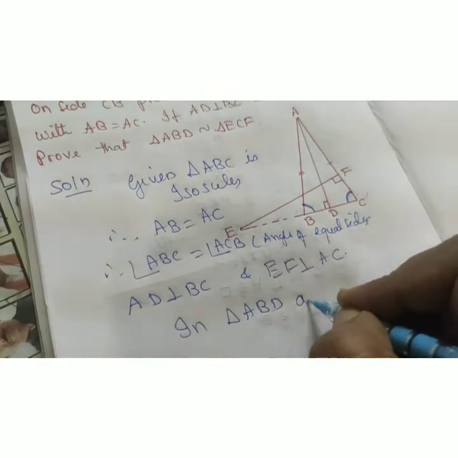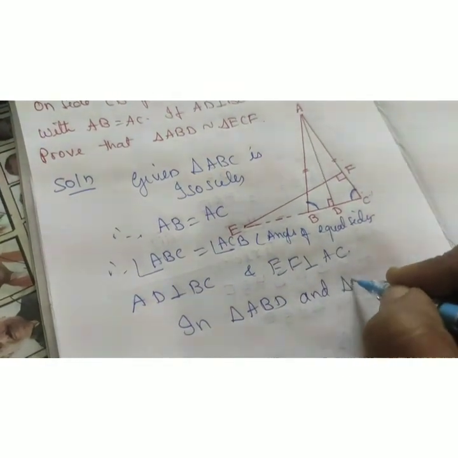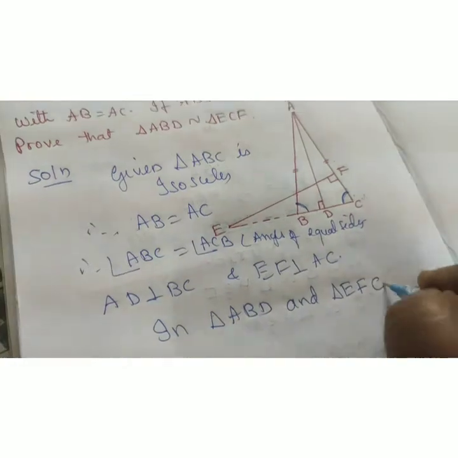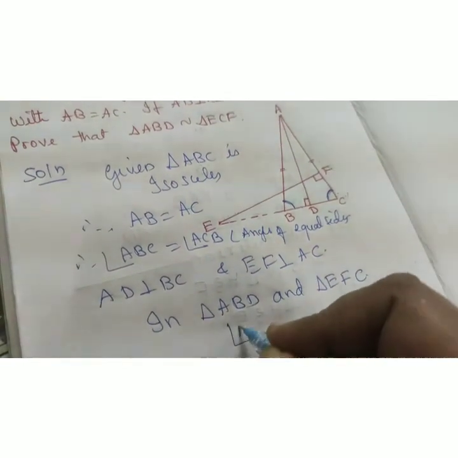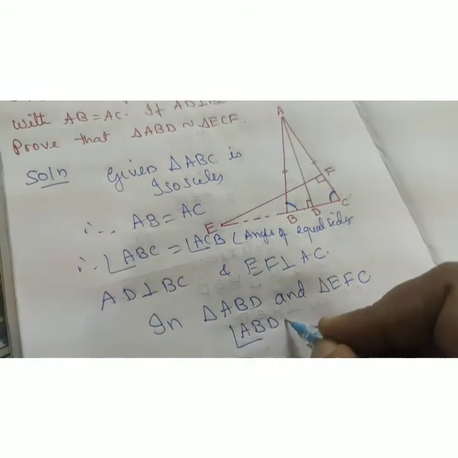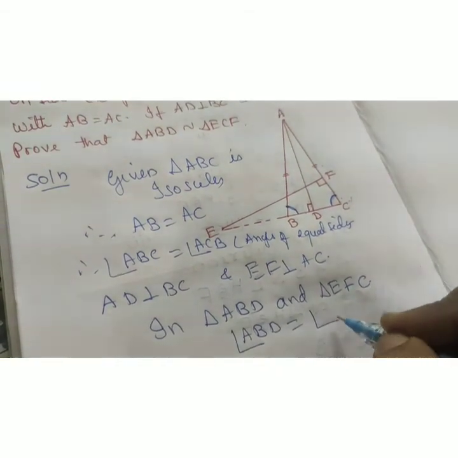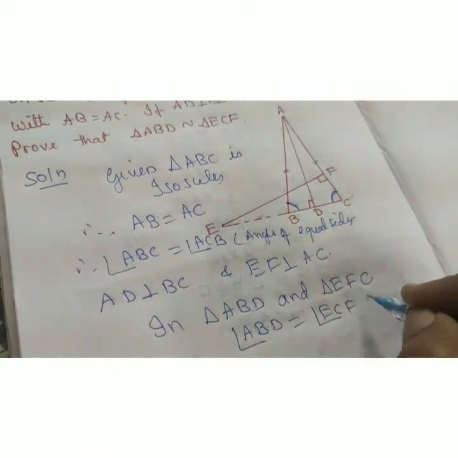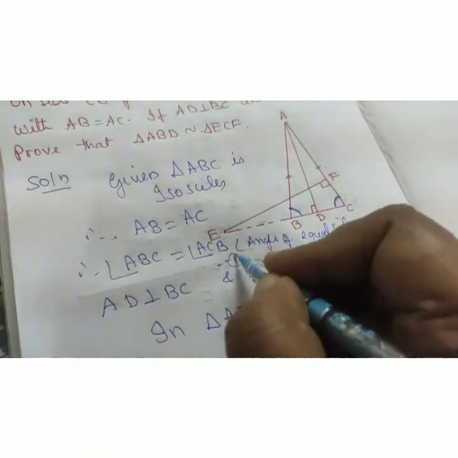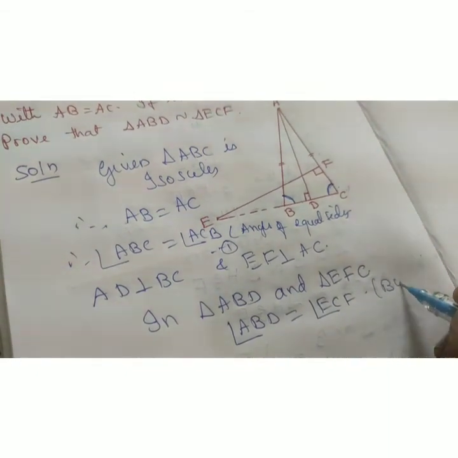Okay, so now in triangle ABD and triangle EFC, we already know angle ABD is equal to angle ECF, by the previous result.